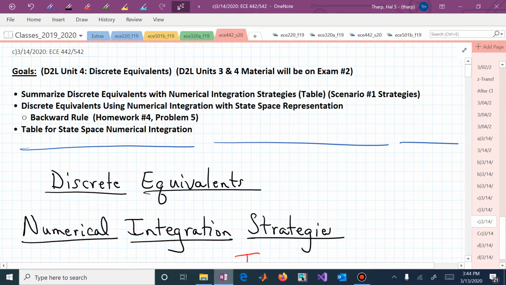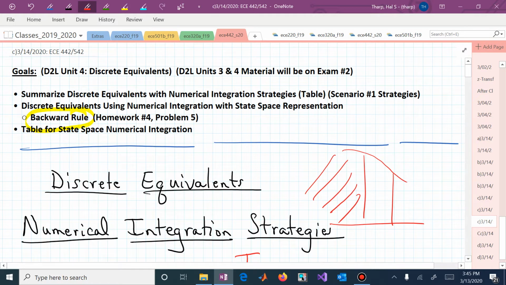442-542. In this video, we're continuing with numerical integration strategies for performing discrete equivalence. In this one, we are using the backward rule. Remember, we were trying to find the little sliver of area that we were adding on when we were doing the integration.